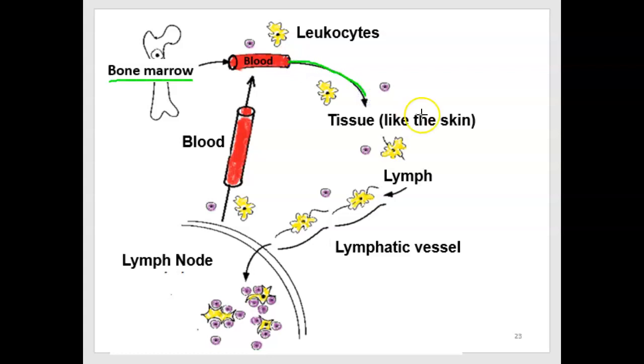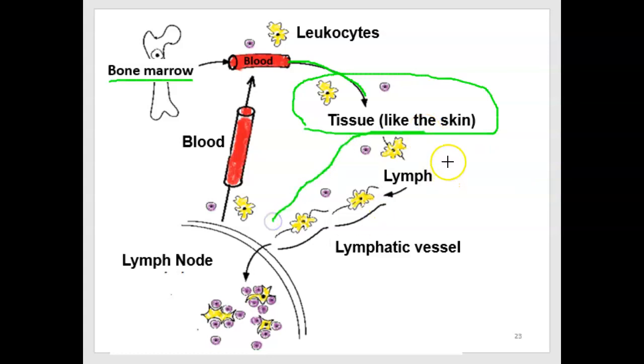Now, what if there's an infection? Like the skin, often you'll find specific leukocytes leave the blood vessels and go to the submucosa. So they enter the interstitial space. Well, now there's a lymphatic vessel that drains the interstitial space, and these leukocytes get caught up in it.